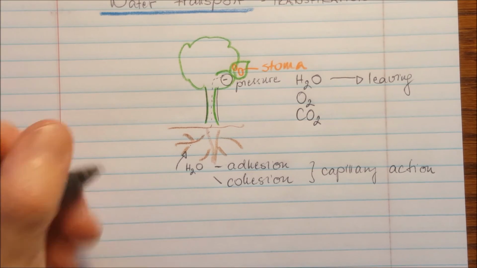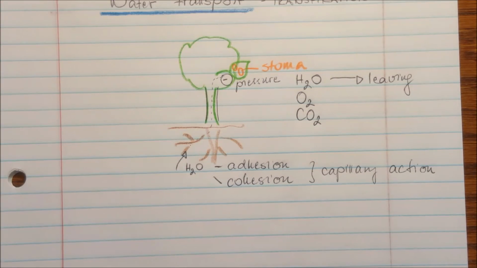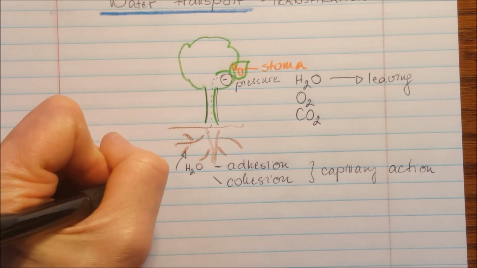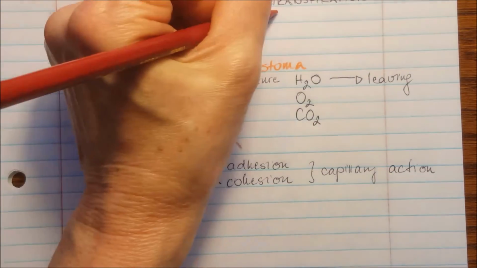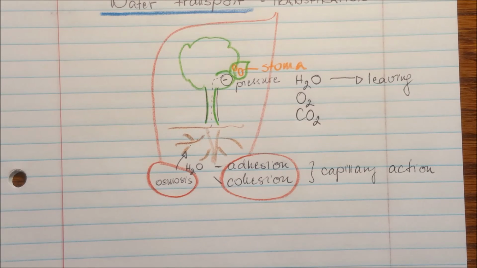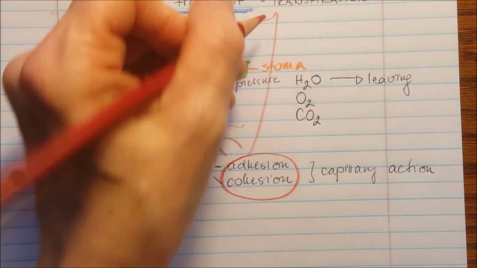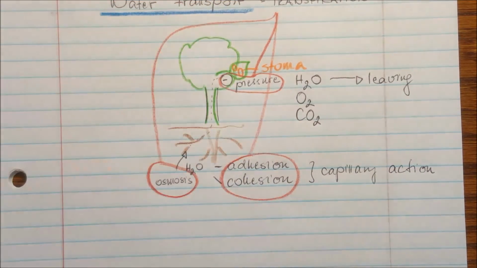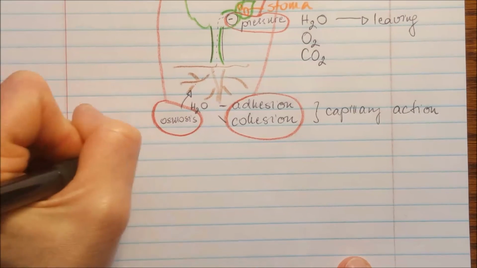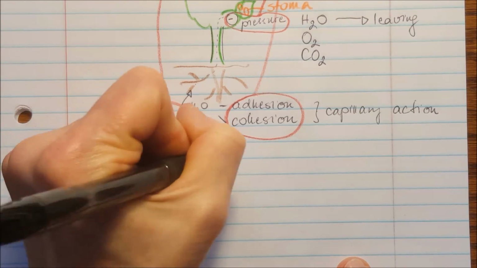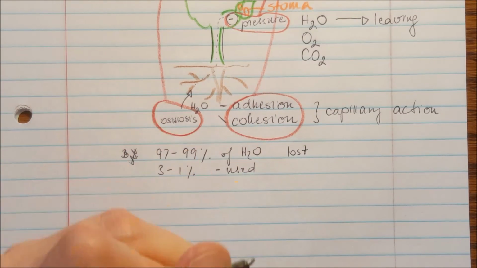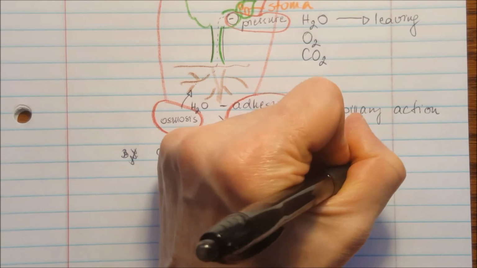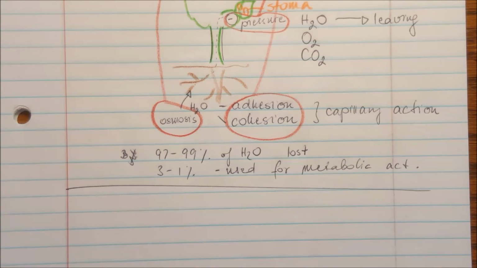And the negative pressure, as the water evaporates through the stoma from the spongy mesophyll, creates a negative pressure, so the water will go upward. The root pressure also contributes to transpiration, as well as the Casparian strip that does not let water leak back out into the soil.